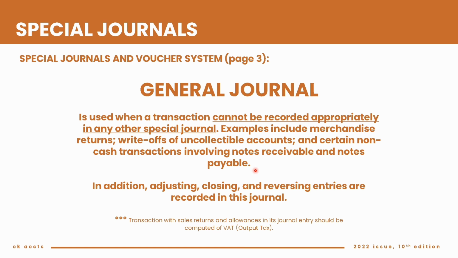Merong isang transaction na i-record dito sa general journal natin or iiwan dito sa general journal na yung transaction with sales returns and allowances, yung transaction na yon na may sales return and allowances na journal entry, kailangan nyo siyang computan ng VAT or ng output tax. Kasi nga, 'di ba, yung purchase discount nga natin, 'di ba, kinomputan natin siya ng input tax. So, of course, dapat yung sales return din natin.